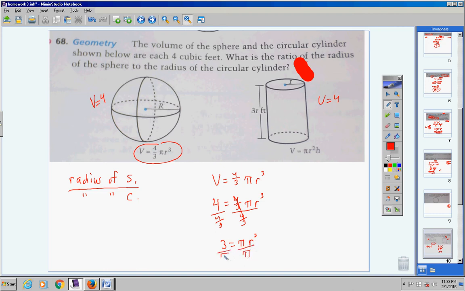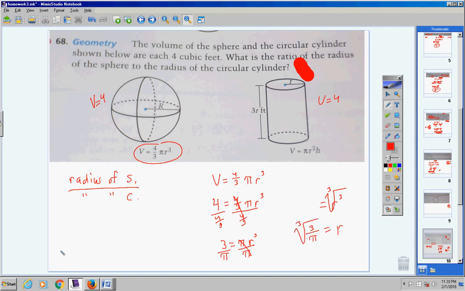And I would not type that in, just leave it 3 over pi. So now I have 3 over pi equals r cubed. These cancel. Do you see what I've done? Now take the cube root of both sides. The cube root of r cubed is r, and we'll leave this just like it is. So just bring that down. There we go. There's my radius. I found it. Perfect.